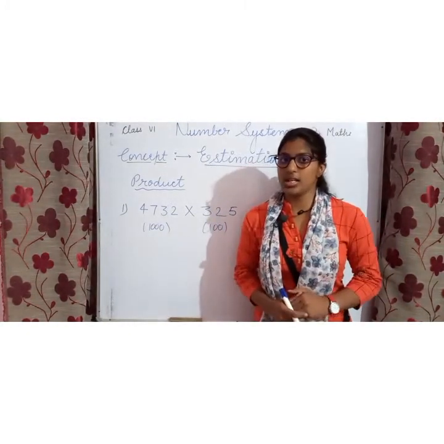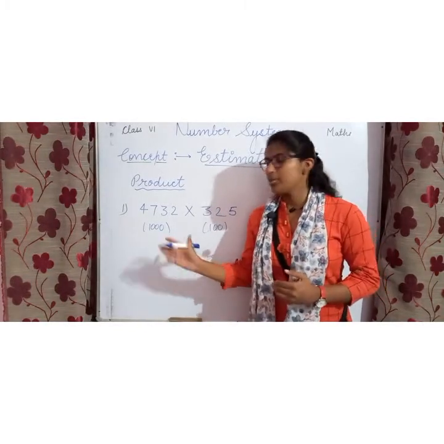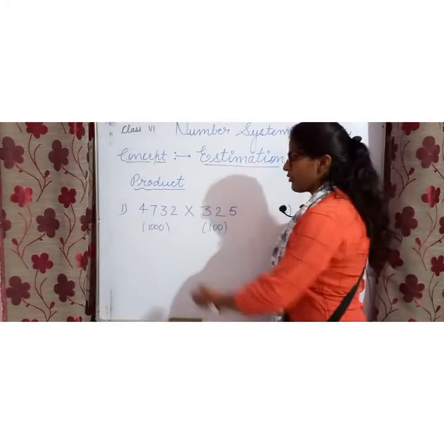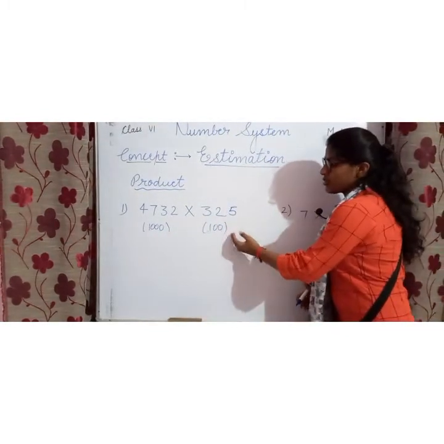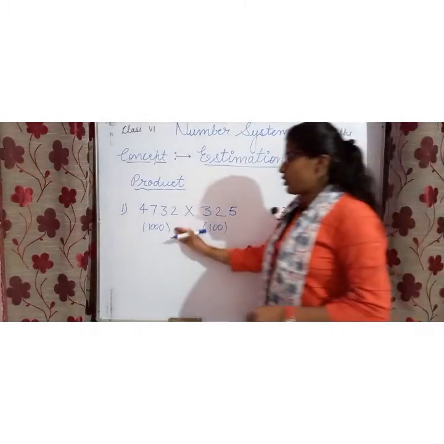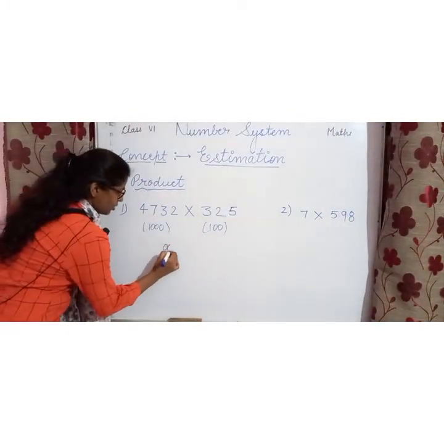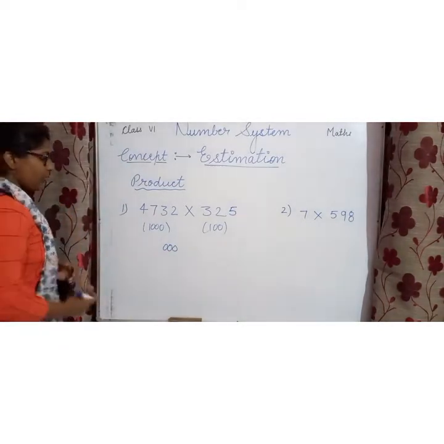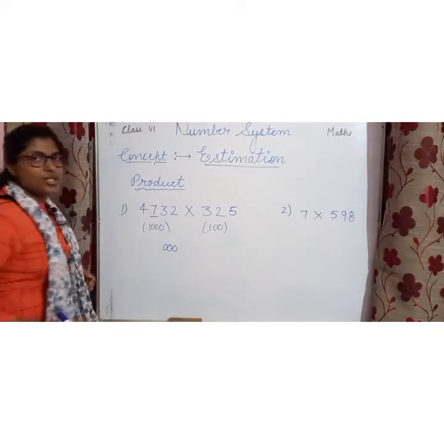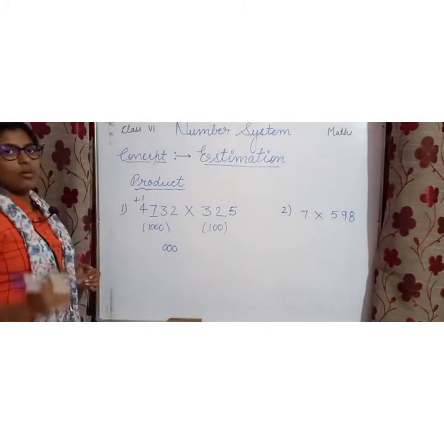Rule number 2 says round off the given numbers to their nearest place value. So we round off this number to the nearest 1000, and this number to the nearest 100. Rounding off to the nearest 1000, we put 3 zeros at ones, tens and 100 place. The 100 place digit is greater than 5, so we will increase the 1000 place number by 1.